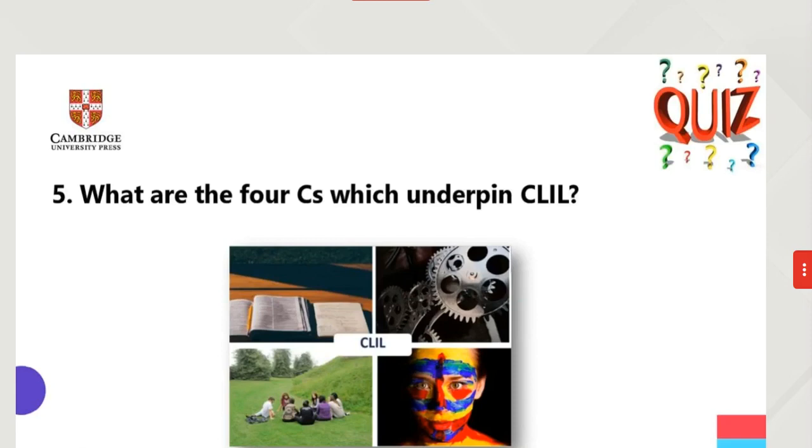Content, yes, as one. Communication. Content, culture. Okay, we've got collaboration, creativity, which are skills that are definitely included in CLIL lessons. Oh, going so quickly, it's very difficult for me to read. So content, yes, I think you've got them all.